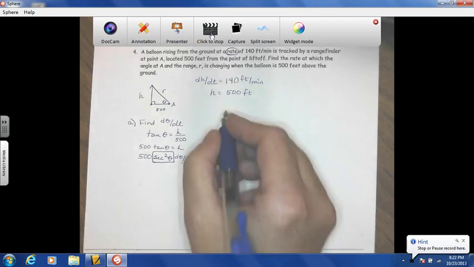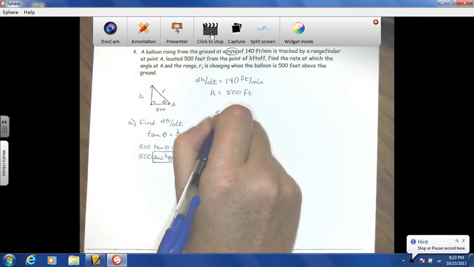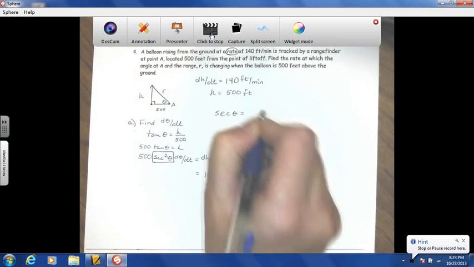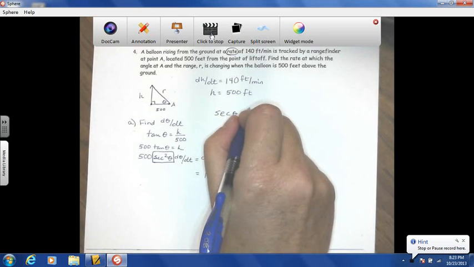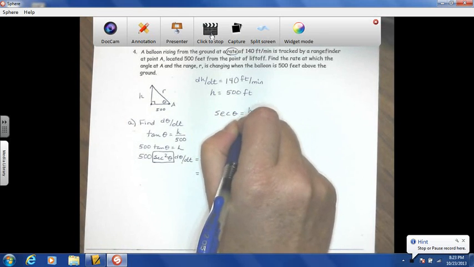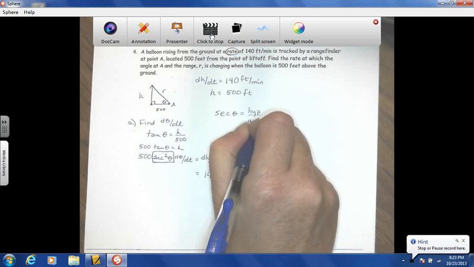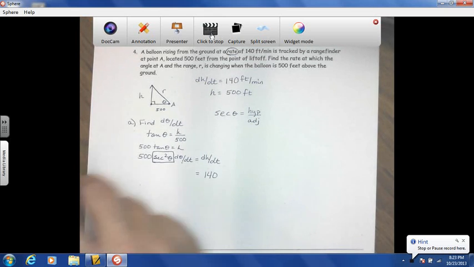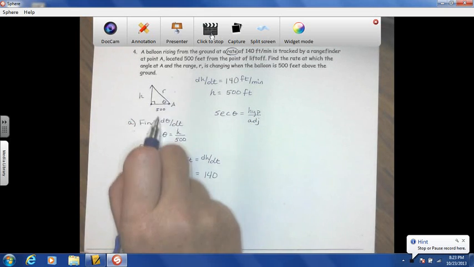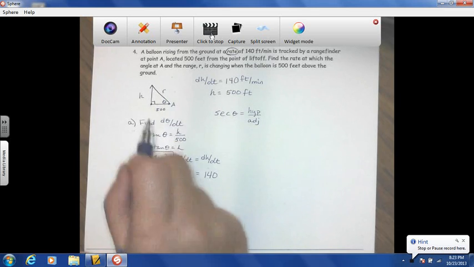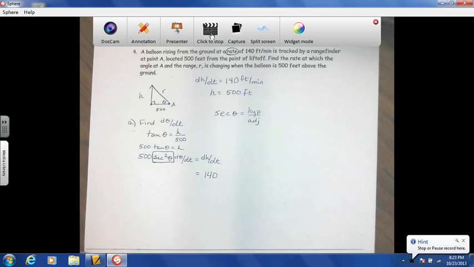Now, if you remember back from your pre-calculus days, the secant of your angle is going to be your hypotenuse divided by the adjacent side. So if I can come up with the hypotenuse and the adjacent side, I can come up with the secant value without even knowing the angle measure.